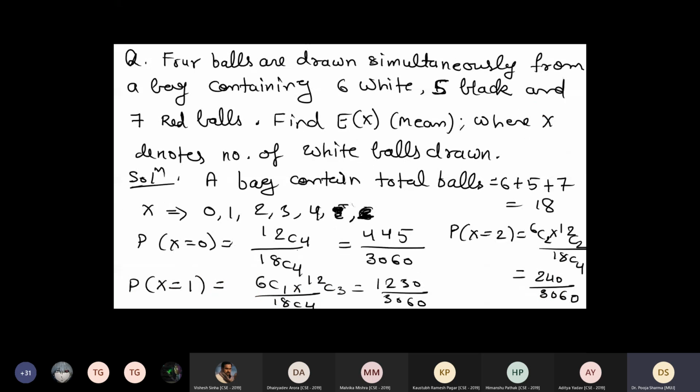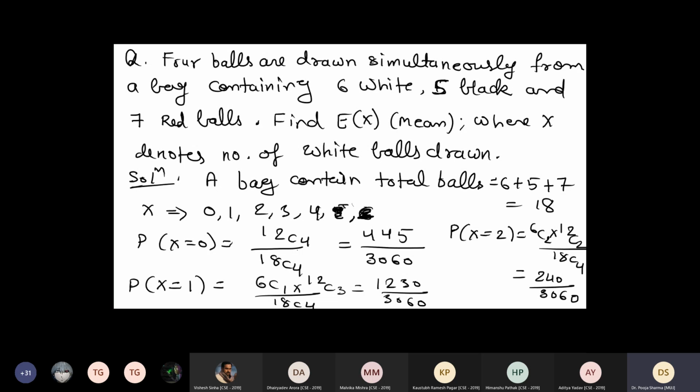Yes, in another problem, please note this one. 4 balls are drawn simultaneously from a bag containing 6 white, 5 black and 7 red balls.